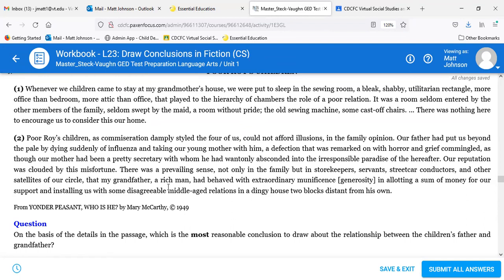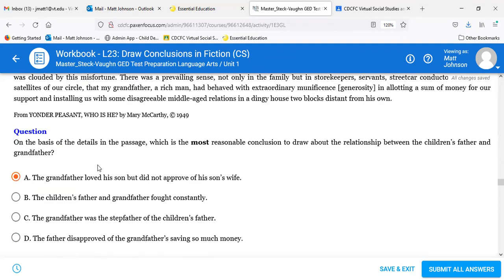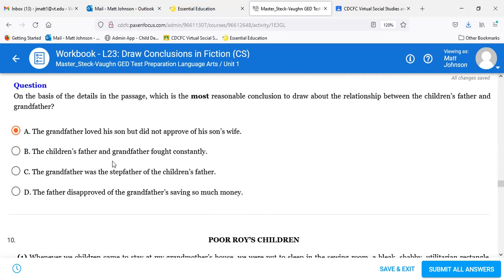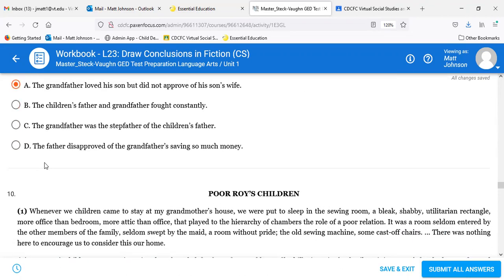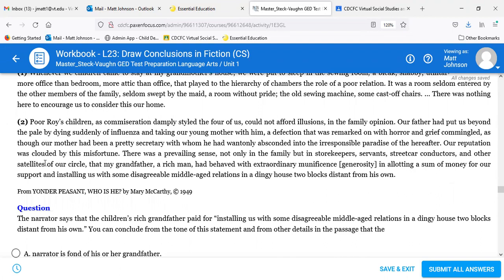Our reputation was clouded by his misfortune." You could also assume that maybe this is partially why the grandfather is not particularly fond of the grandchildren, because he did not approve of his son's wife. You can make that inference as well. So 9 is A.